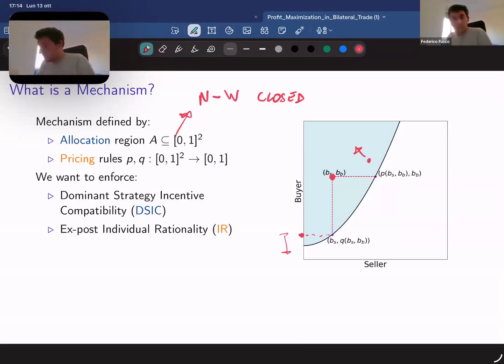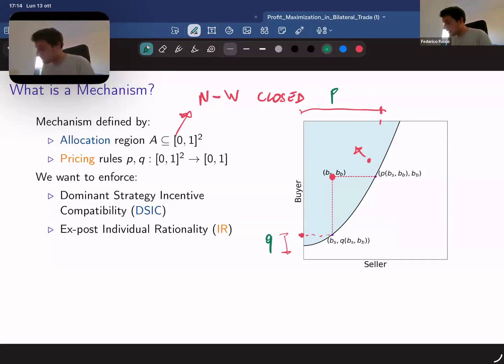And then if we look at the seller, we have to ask the same question, but clearly everything is flipped, because now for the seller, we want to give a price that is higher than its valuation, than its bid. So it will be this amount here. So this will be, to use the notation that we're going to use throughout the talk, the payment to the seller, and this will be the payment from the buyer.